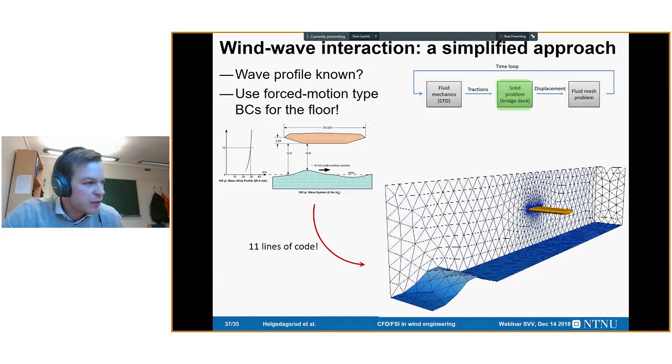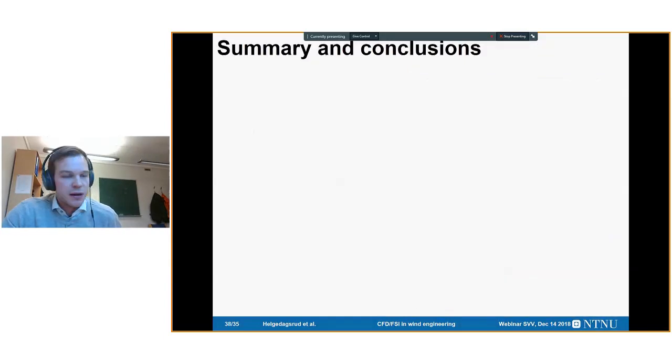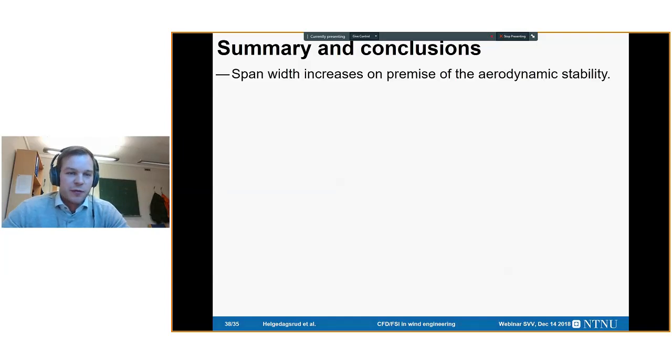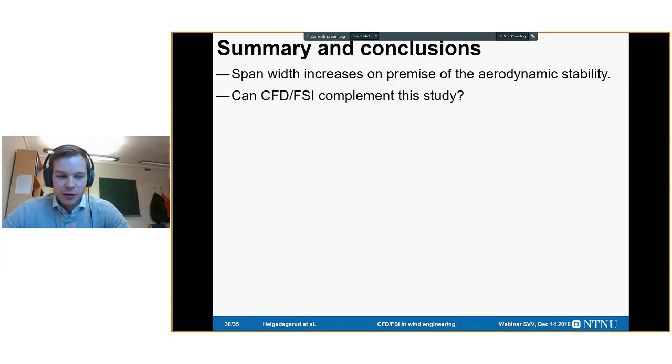So with this, I think we go to the conclusions. Just to recall, the further increase in the span width of suspension bridges now happens on the premise of aerodynamic stability. And with the increasing number of wind tunnel testing, we were studying if we can use CFD FSI to complement and enhance this study.